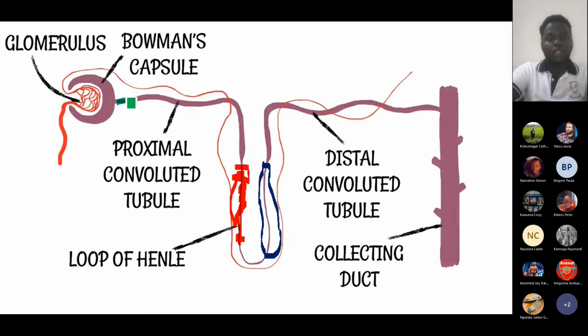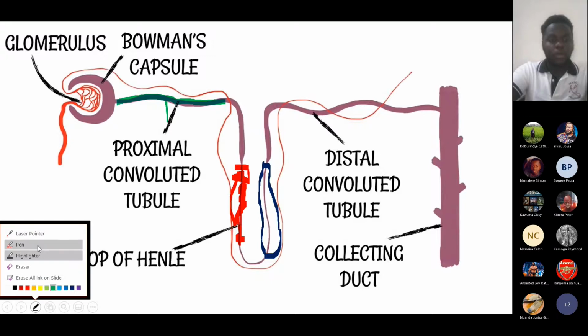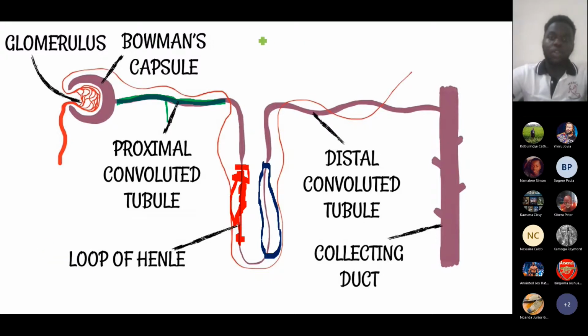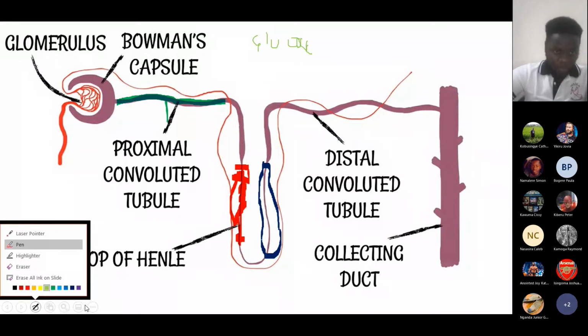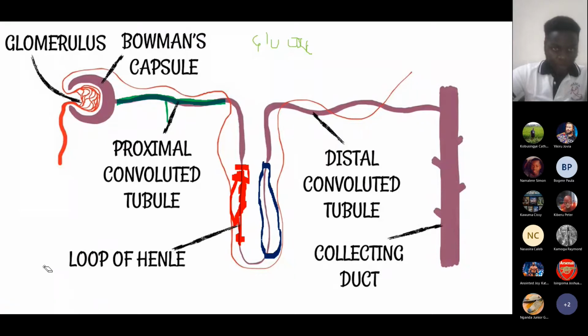So as the glomerular filtrate is coming from here, the proximal convoluted tubule, what is happening is that molecules like glucose are going to be reabsorbed. Are you together?